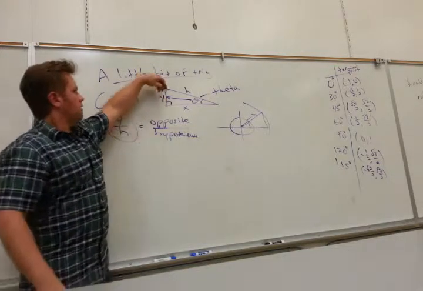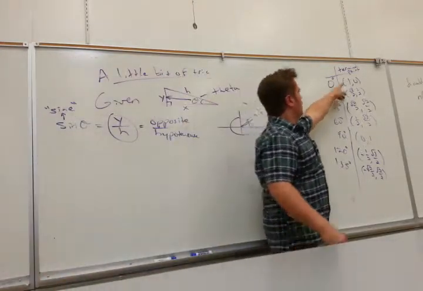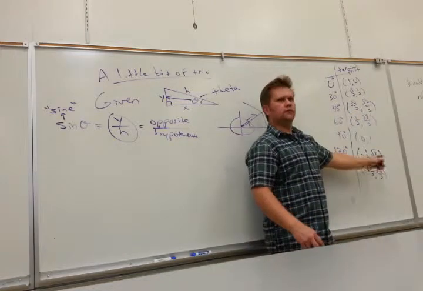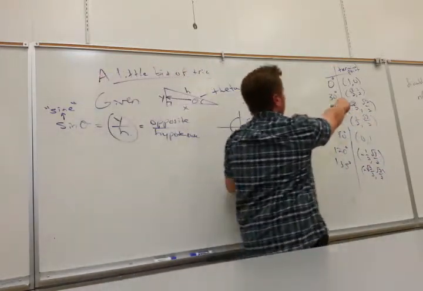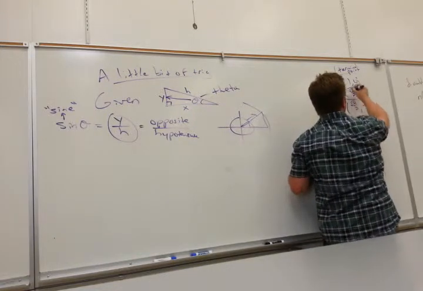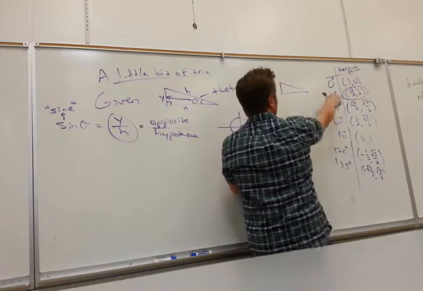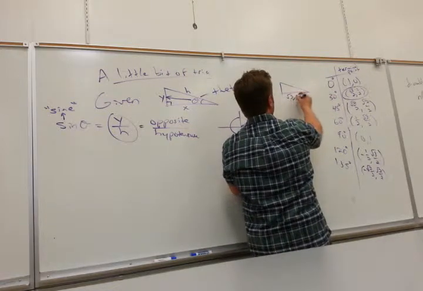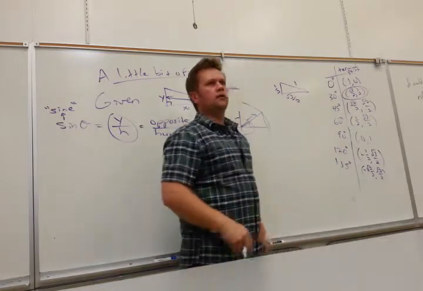We've been talking all about the ratios of these sides, and that comes from these terminal points, right? So like here, let's look at this, 30 degrees. We had root 3 over 2 was the x, 1/2 was the y, and this is, of course, 1.